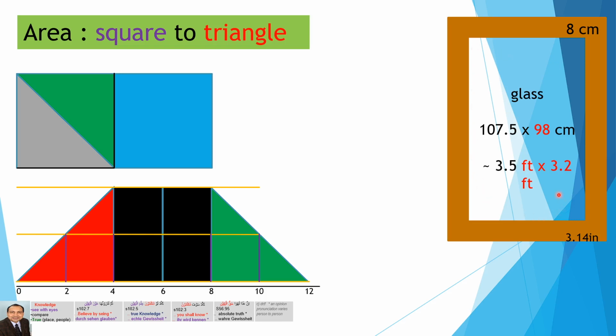Inside is glass, so 107.5 multiplied by 98 centimeter, approximately 3.5 feet multiplied by 3.2 feet. So standard in a few countries is 4 feet multiplied by 4 feet or else.